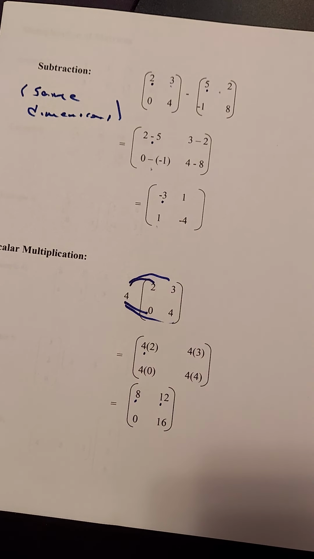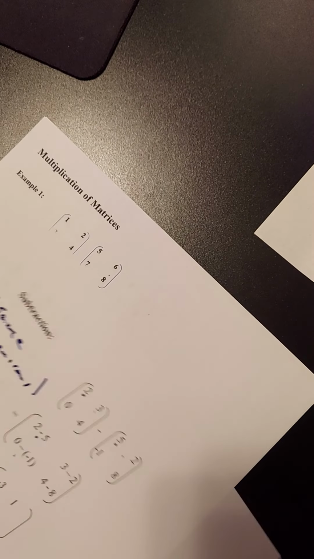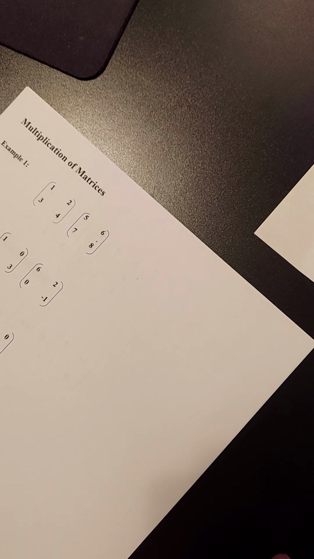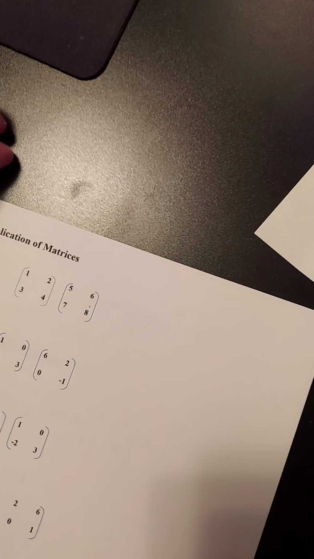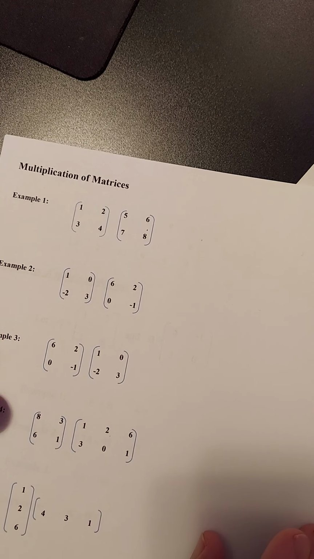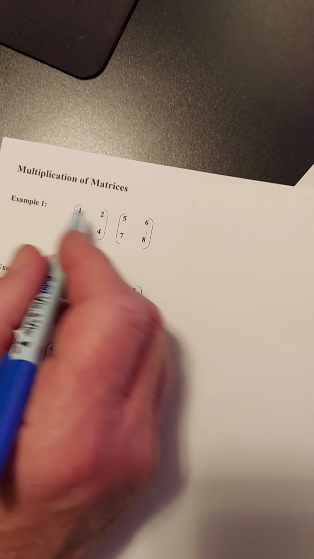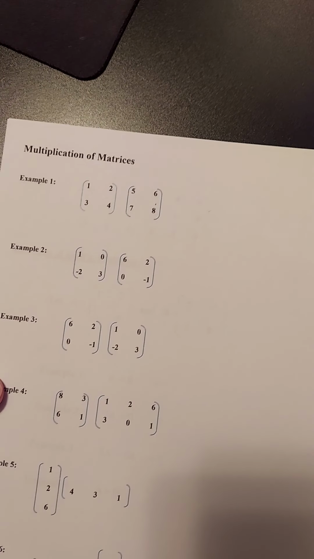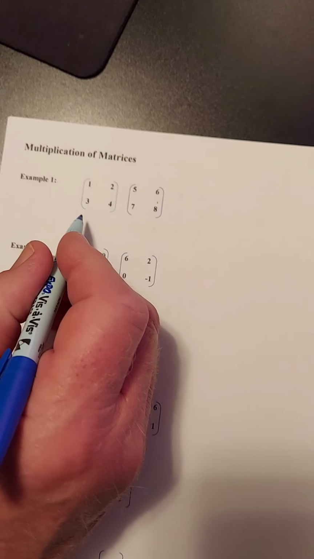Okay, so we've done addition, subtraction, scalar multiplication. And now we're going to do multiplication. Now this is the tough one. Now I've got to point out, when you multiply 2 matrices together, you need to check the dimensions.